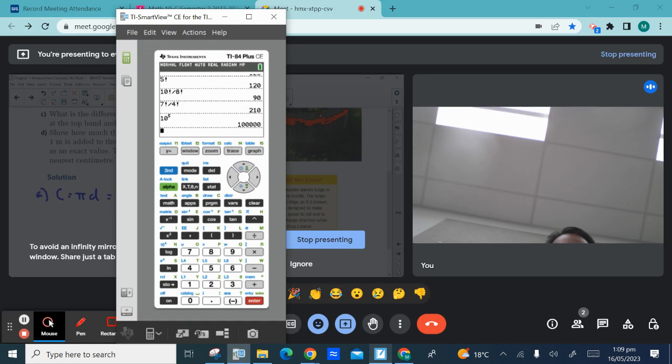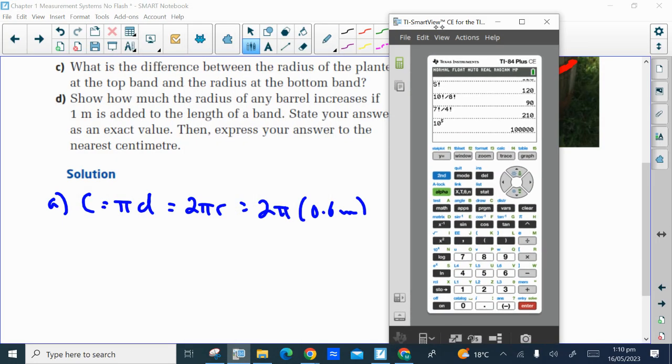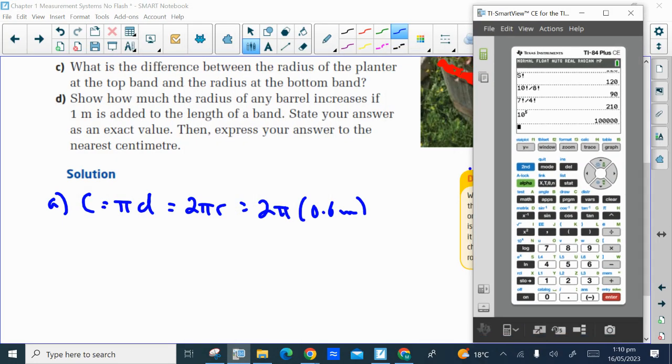So when we use our calculator, most calculators have a pi button on them. On my calculator, it's above the power key. That last column, the very last row of the last column, above that you can see the pi symbol. Pi is approximately 3.14, but we will use the pi function in our calculator because it is an exact value.